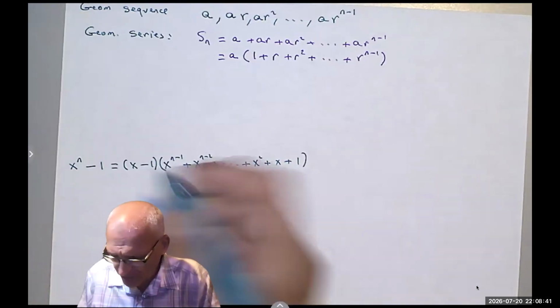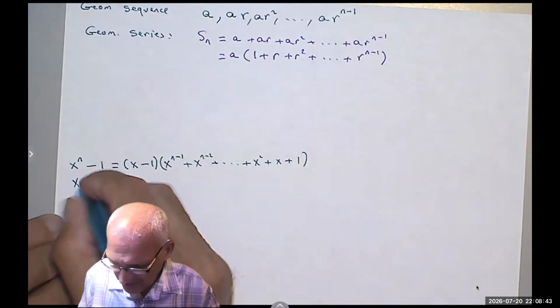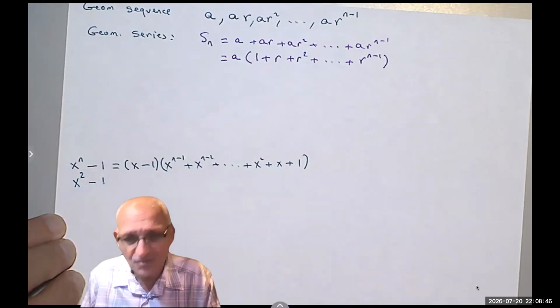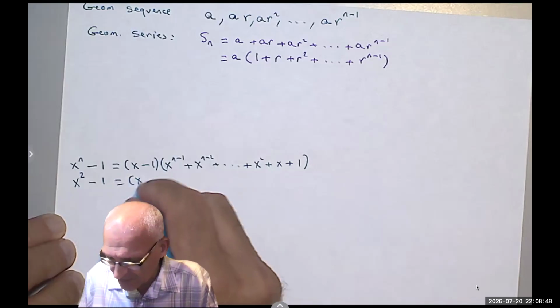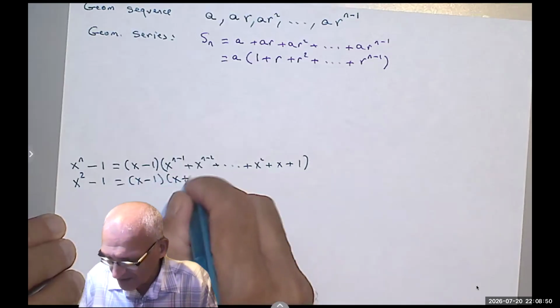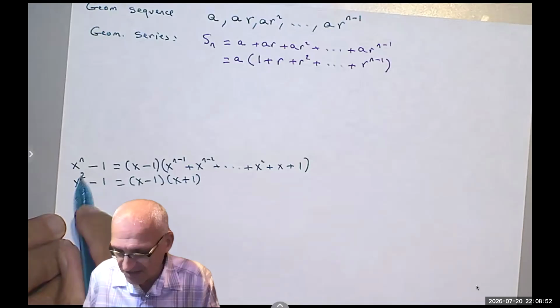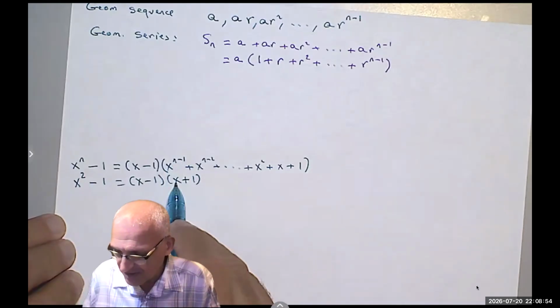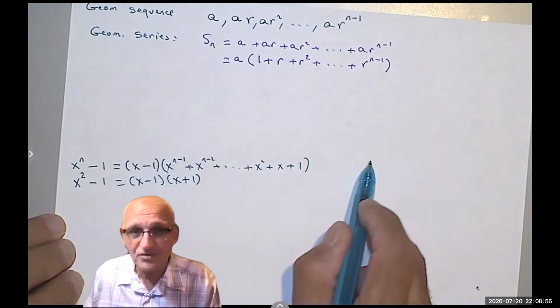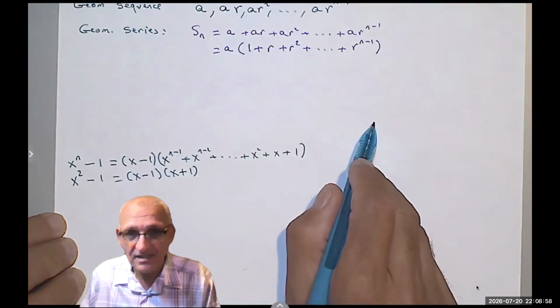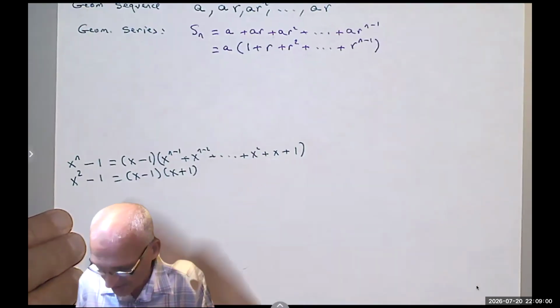If n is 2, everybody knows how to factor x squared minus 1. It's x minus 1 times x plus 1, where n here is 2. So x to the first plus x to the 0th, and of course we don't have anything else. They are the last two here.